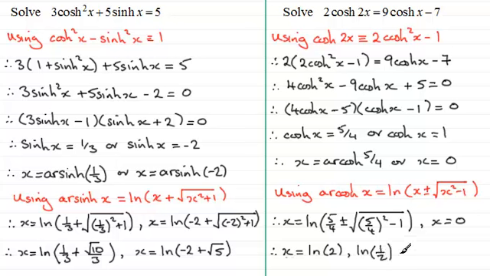Or you could write that as minus the natural log of 2. So you could end up with x equaling plus or minus the natural log of 2. And the other solution then is x equals 0. So there we go. Hopefully that's given you some idea then how we can use the hyperbolic identities to help us solve hyperbolic equations.